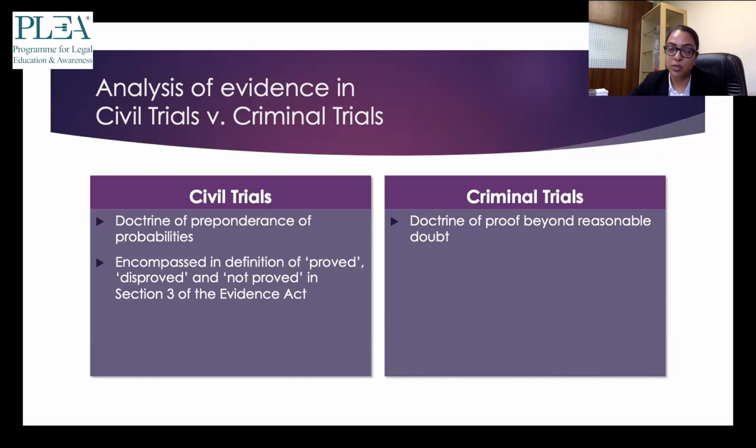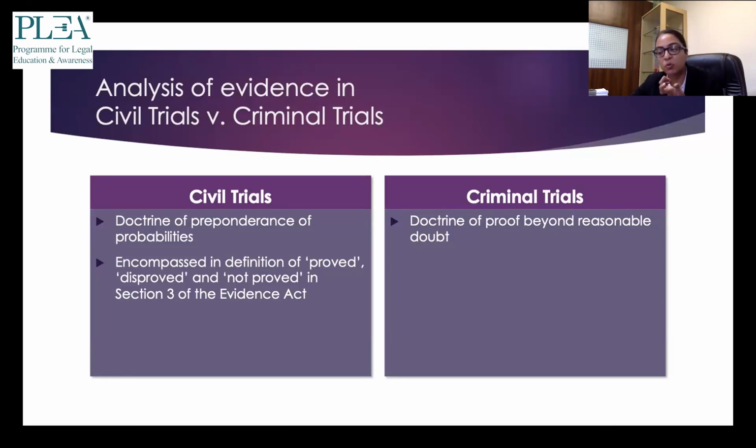Or it may not be very clear beyond reasonable doubt whether the fact exists or not, but the court thinks that the facts brought on record make it very probable that this fact would not exist, and if a prudent man was considering the evidence, he would think that this fact does not exist. Therefore, the court will hold that this fact has been disproved.